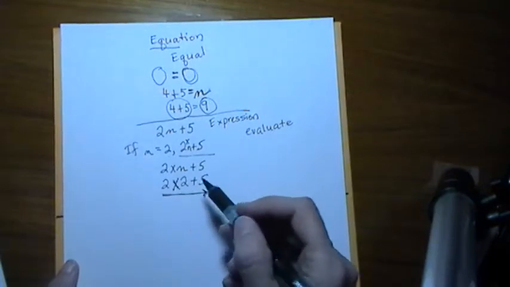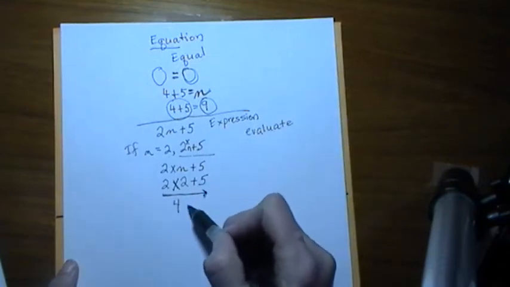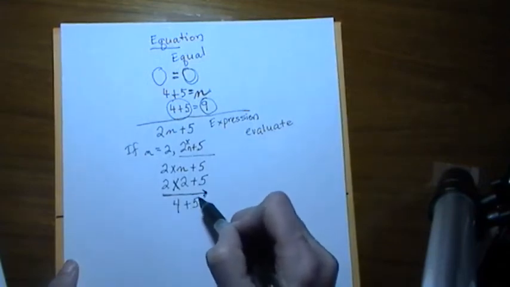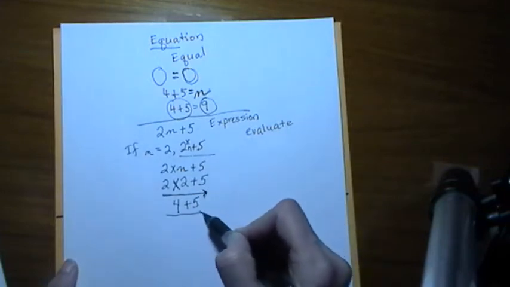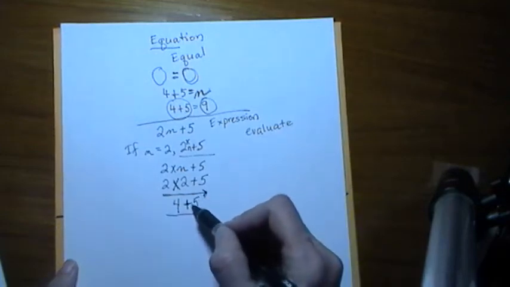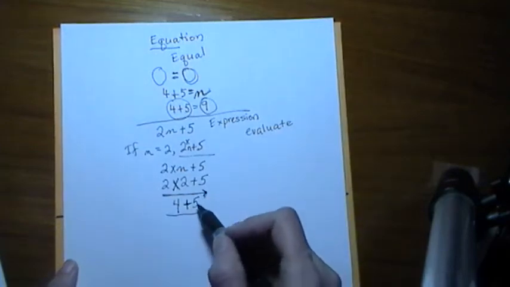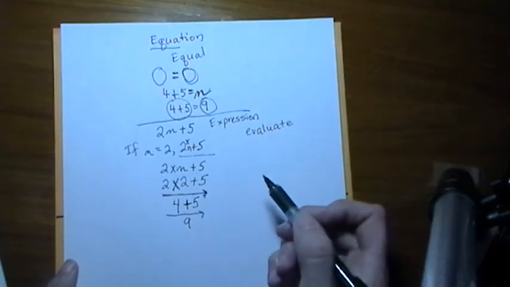And here's multiplication. So 2 times 2 equals 4, and then we bring the rest of the expression along. Now we read again from left to right looking for addition or subtraction, and we find addition in this expression. And 4 plus 5 equals 9.